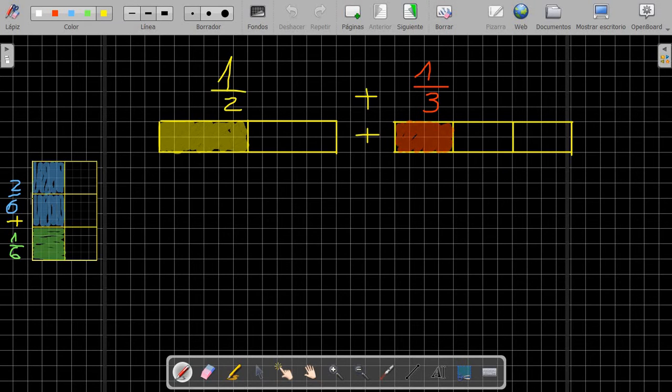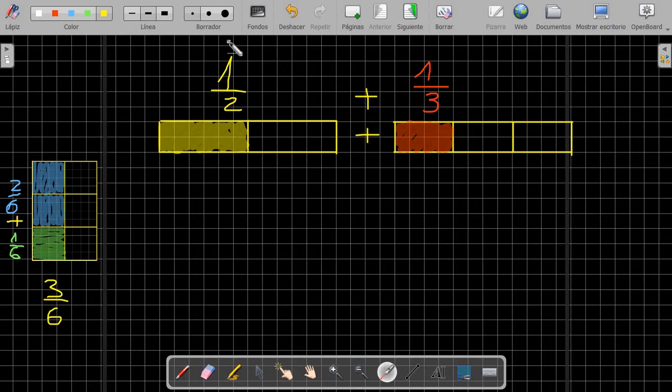I have 2/6 plus 1/6, so the answer is really easy. I have 3 parts of 6, so the answer is 3/6. Basically, we just have to add the numerators 2 and 1 and keep the same denominator.